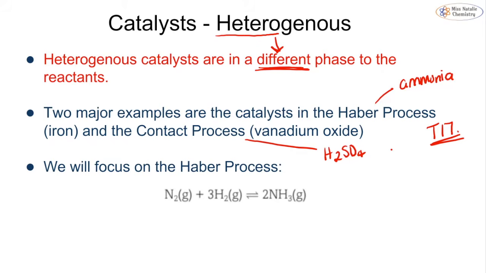So we have one nitrogen molecule reacting with 3 hydrogen molecules to make 2 molecules of ammonia, and this is an equilibrium reaction. We discussed that back in topic 9 when we have the conditions, but what we want to look at now is what the catalyst does in terms of how it actually works.